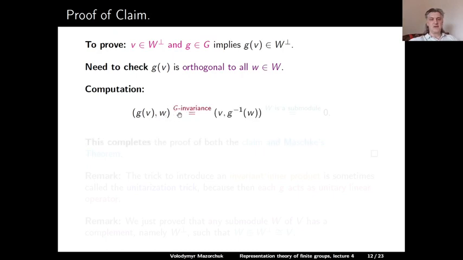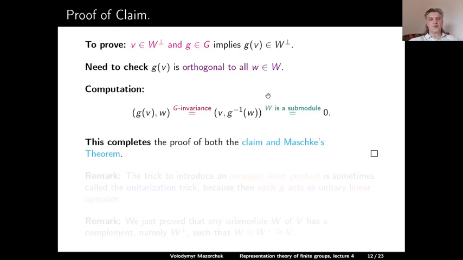Using G-invariance, we can rewrite it as the scalar product of v with g inverse of w. But W was a submodule, so g inverse of w belongs to W, while v was in the orthogonal complement. So this is equal to 0. And this completes the proof of both the claim and Maschke's theorem.